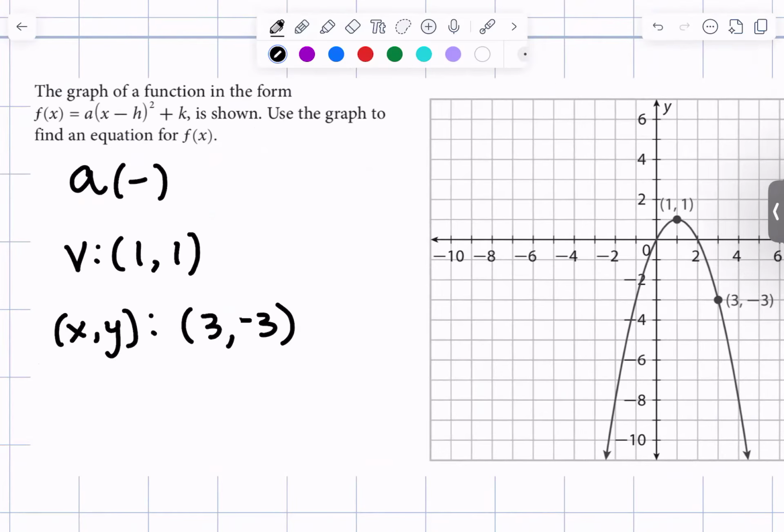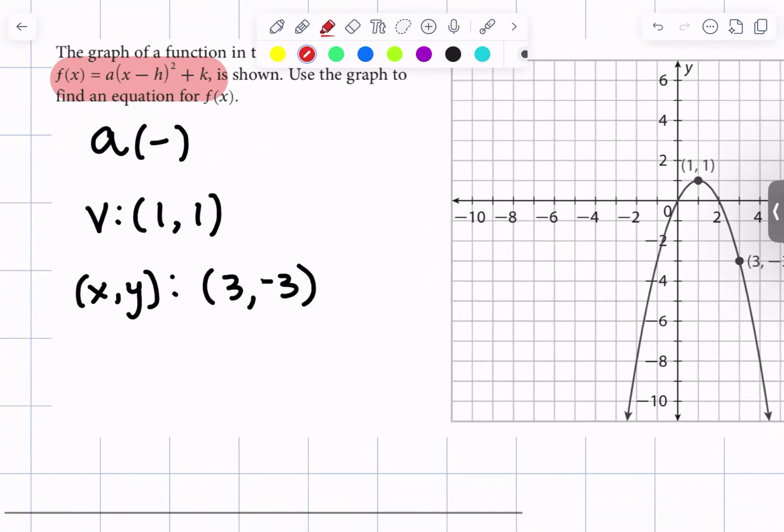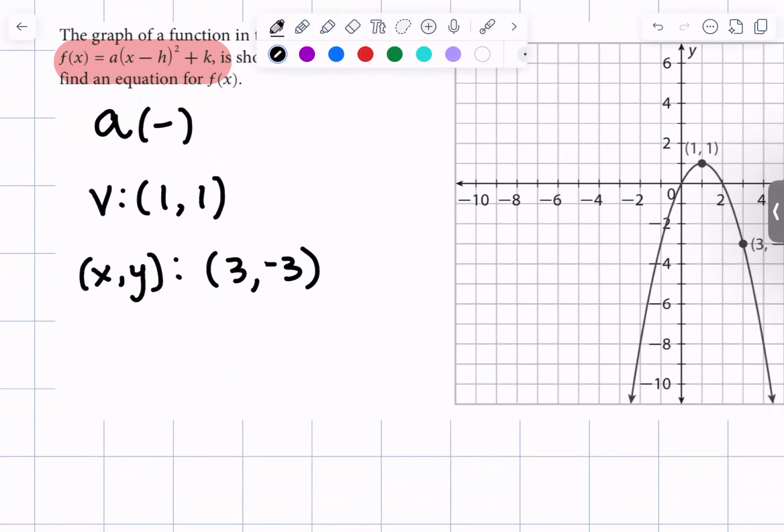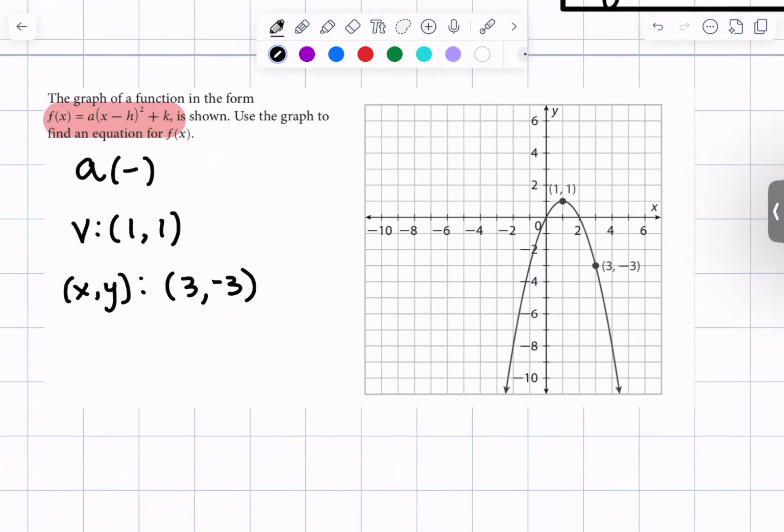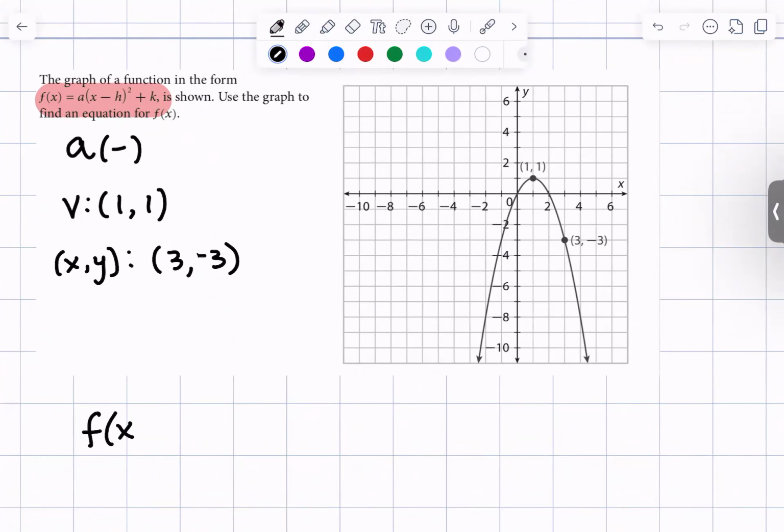So if I plug everything into this equation here, I'm going to plug in everything that I know. It's going to be f of x equals, I have no idea what my a value is. I have an x value of 3 minus h, which is 1, quantity squared, plus 1, right?